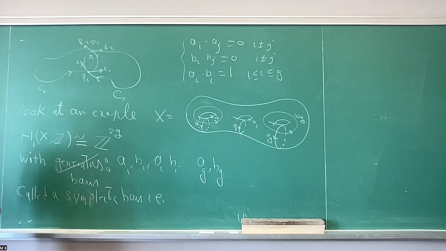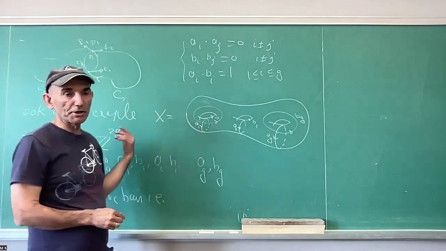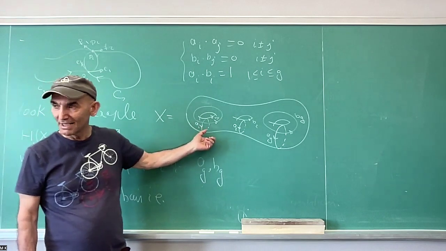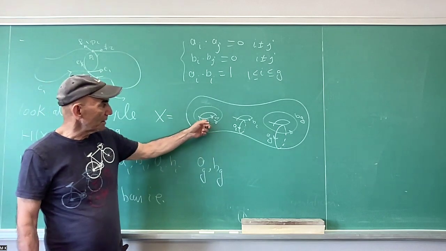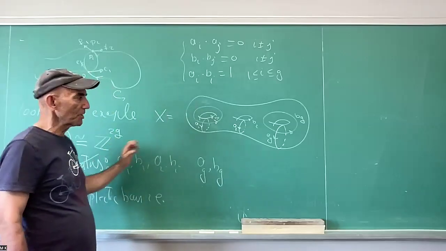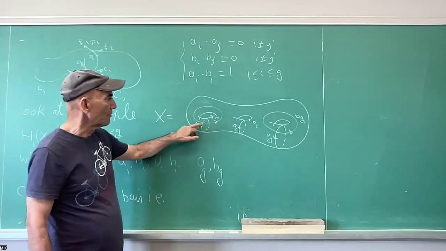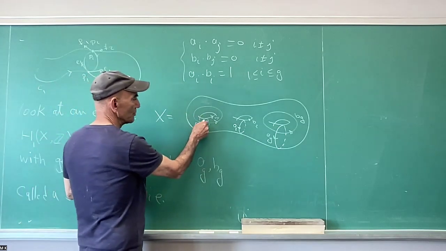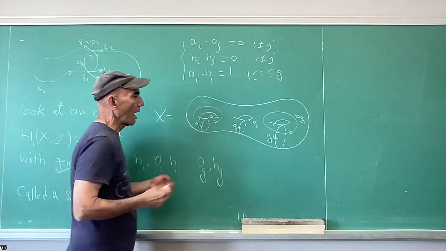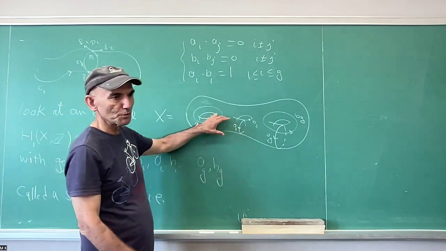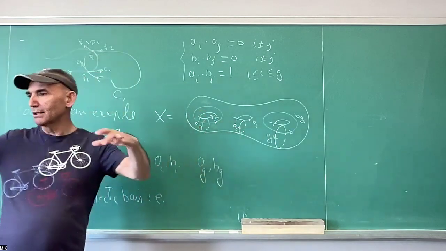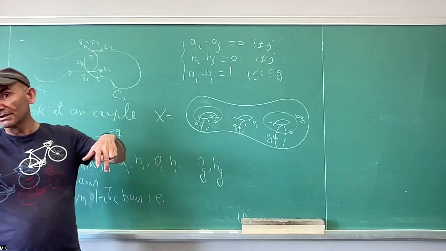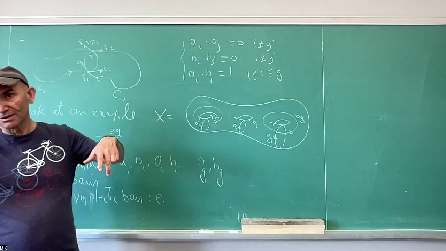If you want to check this, by the geometric definition I gave you, it's clear that this satisfies these properties. Take the intersection pairing of this cycle with this other cycle. I'm using the orientation of the surface, embedded in three-space, and counterclockwise orientation is the positive orientation on the surface.